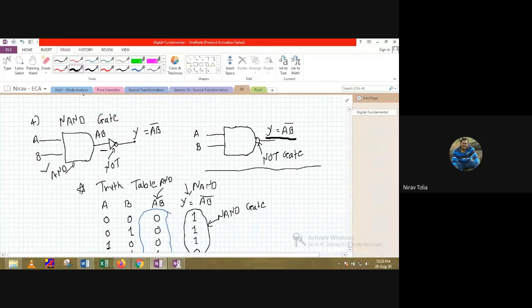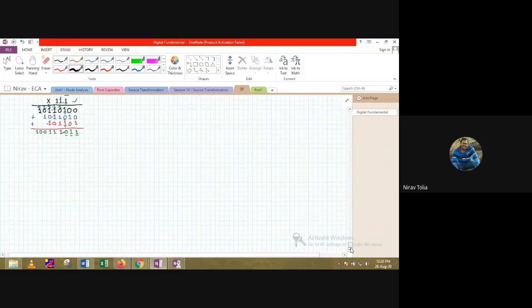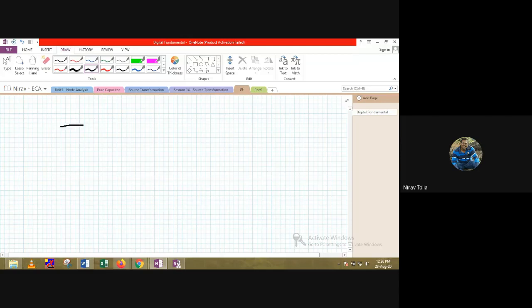So now we have a NAND gate. How will the AND gate be made? If we connect a NOT gate after the NAND, what we are doing is putting another NOT gate ahead of it, so this NOT and this NOT cancel out.